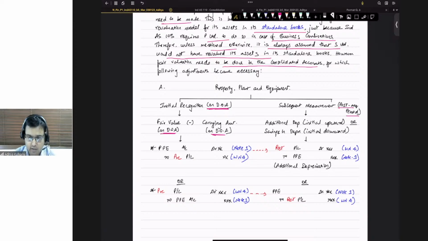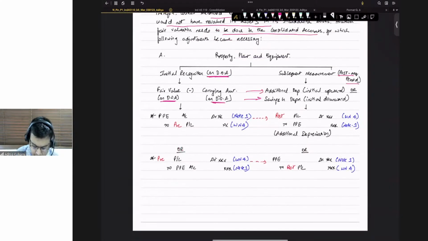On the date of acquisition, it would give rise either to an increase in value, in which case you would have additional depreciation, or a reduction in value, in which case you would have a savings in depreciation. So the entry will be upward revaluation: PPE account debit to pre-P&L. This is the initial entry in the consolidated books.